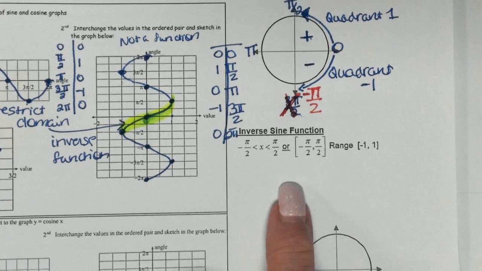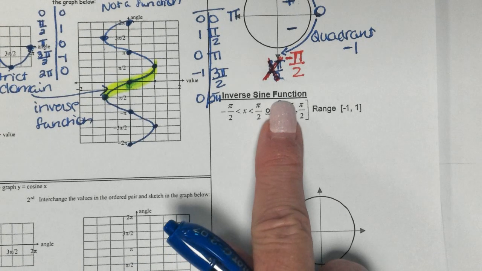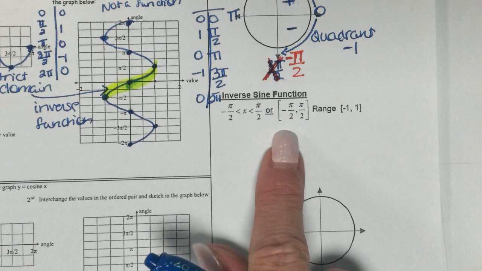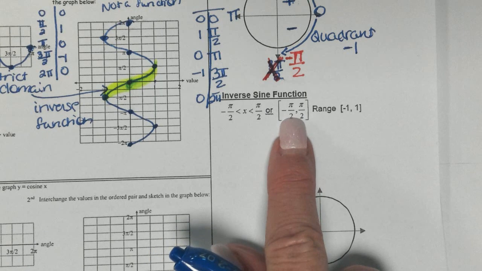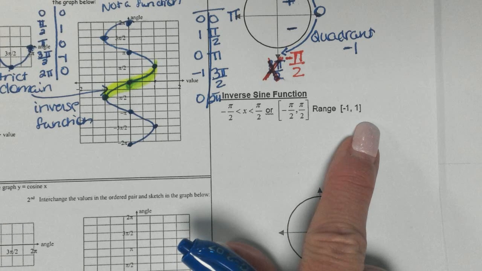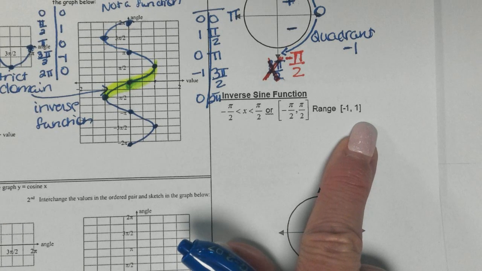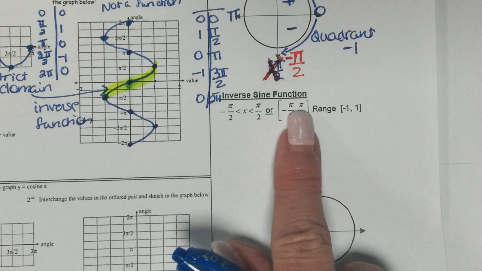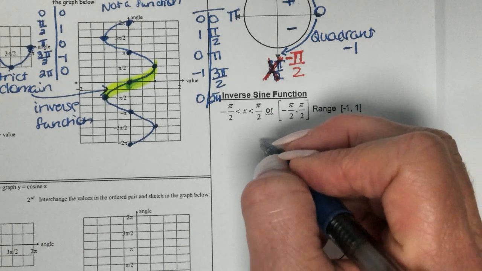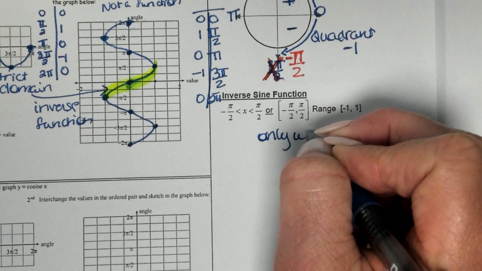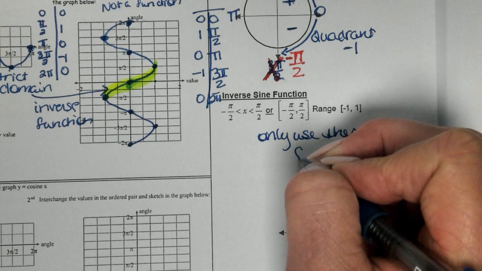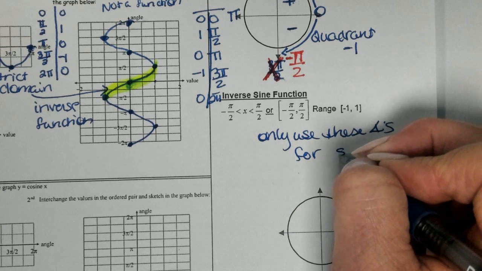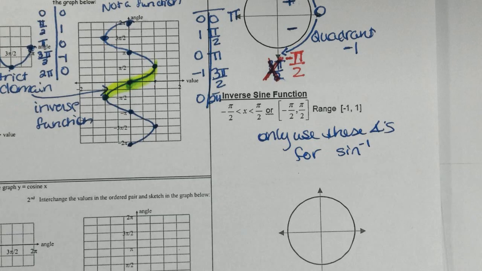All right, so now your inverse sine function, this is what you're restricted to: your domain values and your range values of the original function. This is all we can use. Only use these angles for inverse sine.